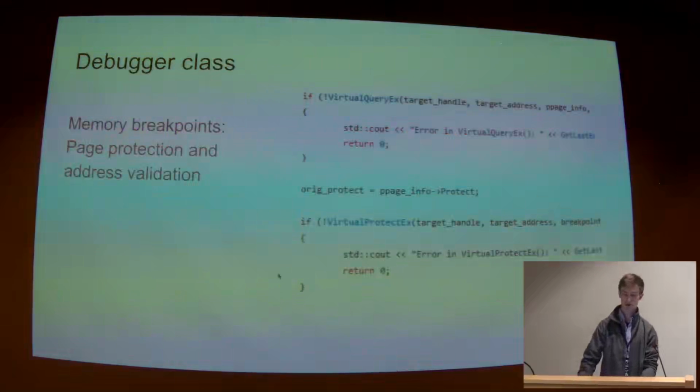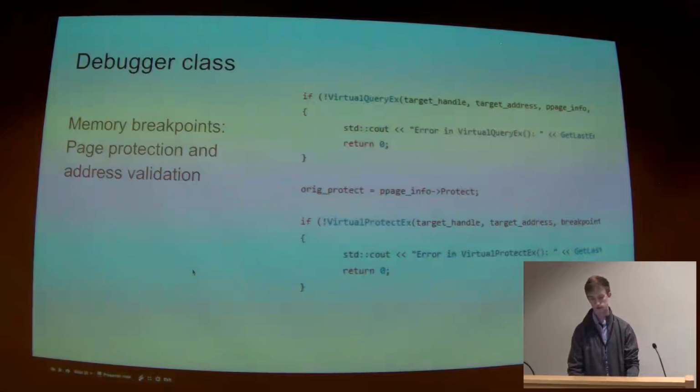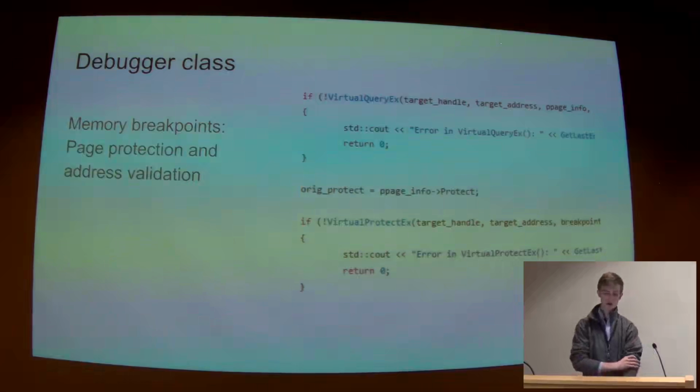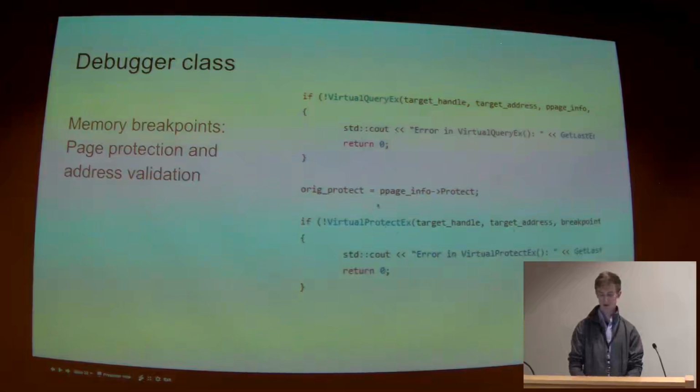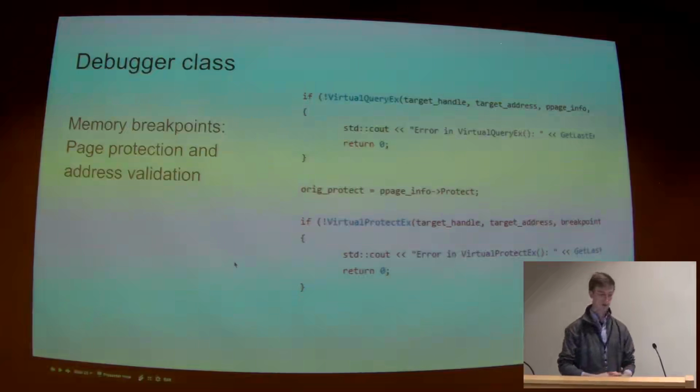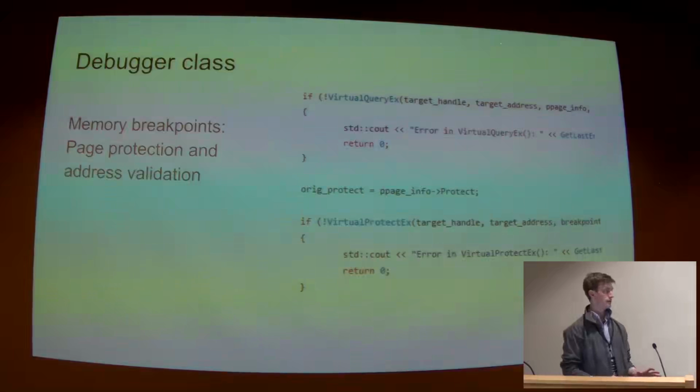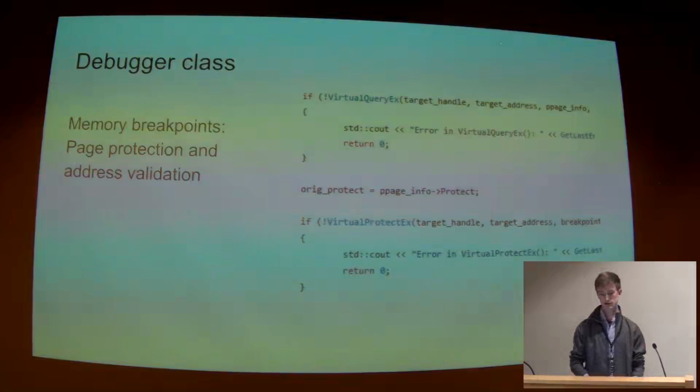Memory breakpoints are kind of cool. I'm not sure if there are other ways to implement them, but basically what I found is that the way to do it is through page protection and then address validation. Here we're telling Windows, don't let anybody read or write to the page that contains our address of interest.